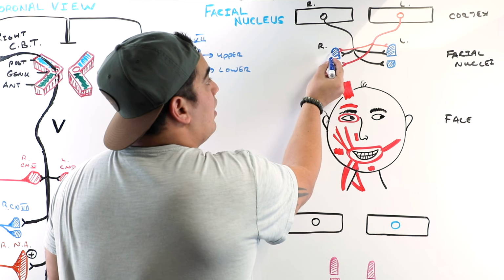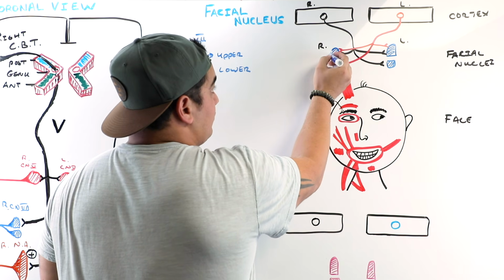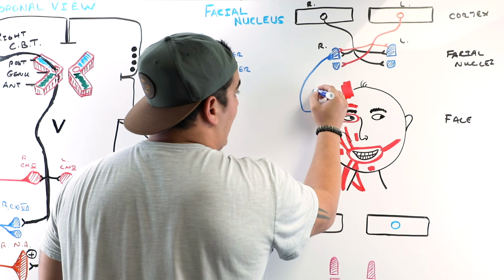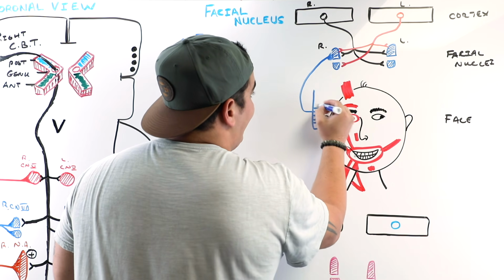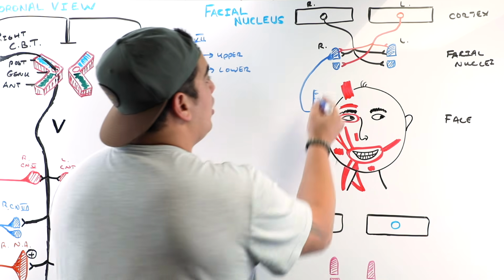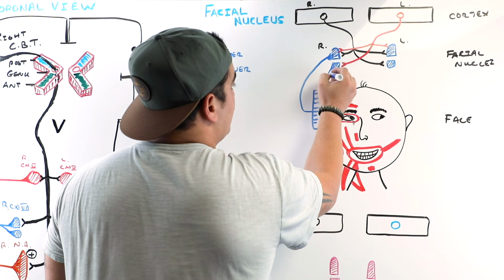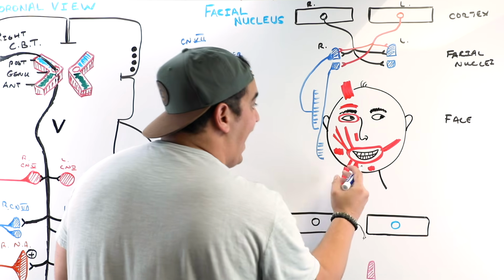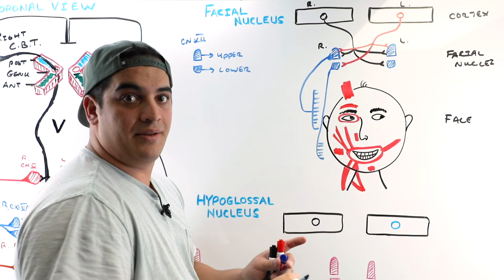Let's just follow the right side in this case. From this right upper facial nerve nucleus, this is going to go and supply the right half of the upper aspect of the face. From the left, this is going to only come down and supply the right half on the lower aspect of the face.